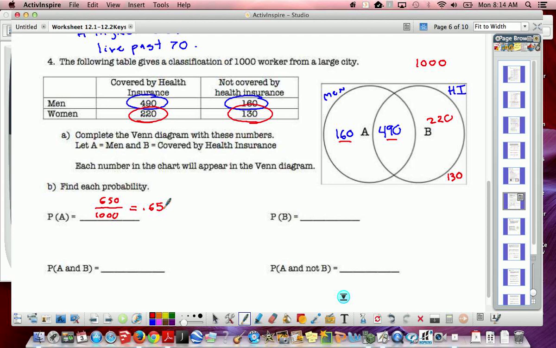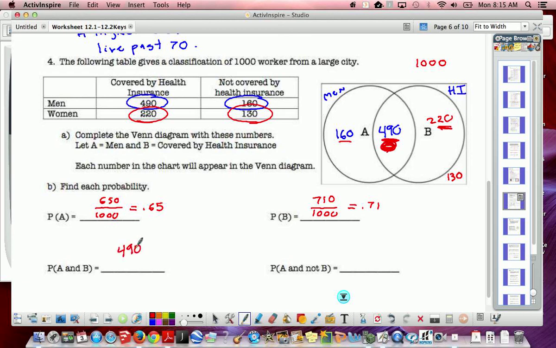Probability of B, which would be the probability of people having health insurance. So that would be the 490 and the 220. So that adds up to 710 over 1,000 or 0.71. So now the next one is the probability of A and B. So both have to be true, so that's the intersection.